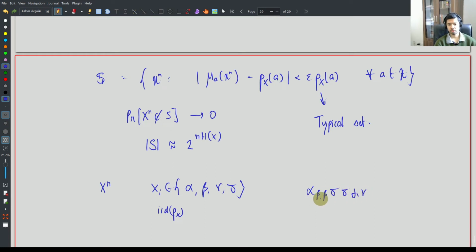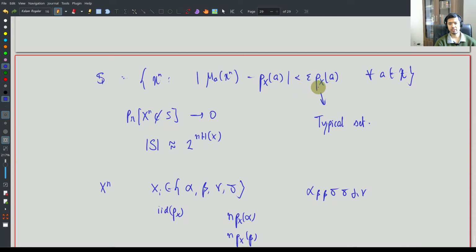This is my xn, and the assumption is that each xi is drawn IID according to some distribution px. If I observe a long enough sequence, roughly how many alphas do I expect to see in the sequence xn? N times probability of alpha. Exactly. Roughly you'll see n times px of alpha. Similarly, how many betas do you expect to see? N times px of beta.